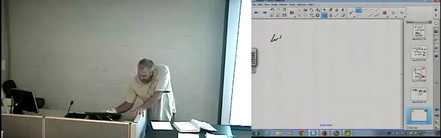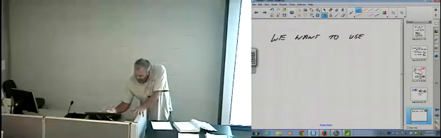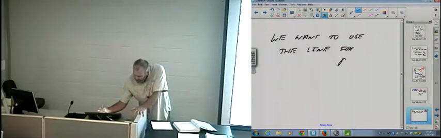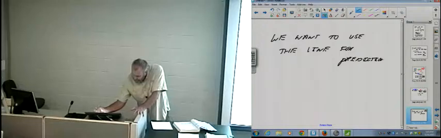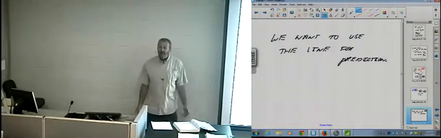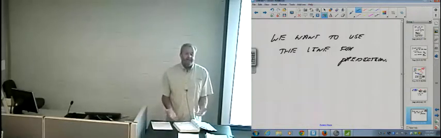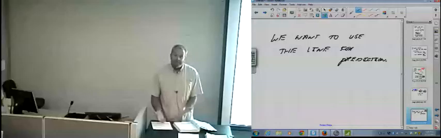We want to use the line for prediction. Translation, I want to use the line for, you give me a value of your explanatory variable, and I want to use the line to predict the value of your response.